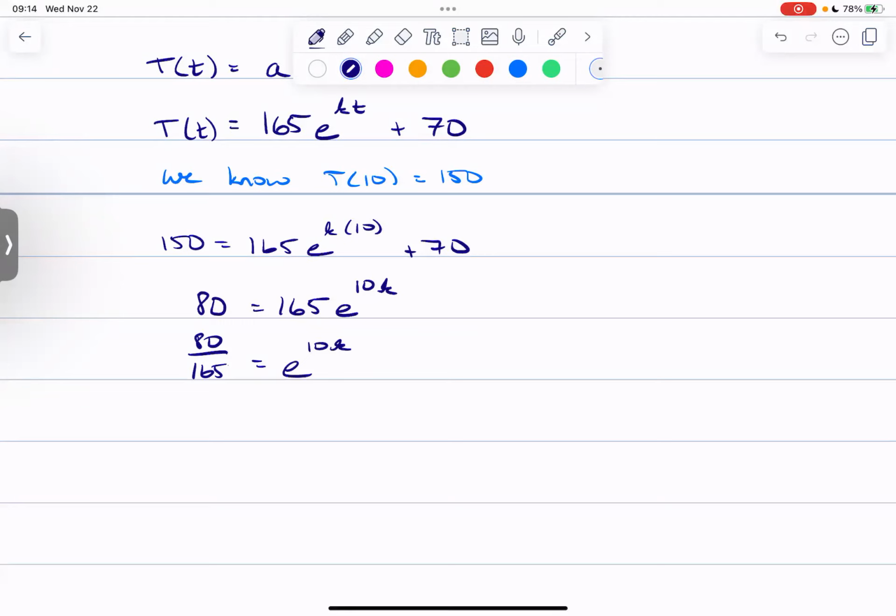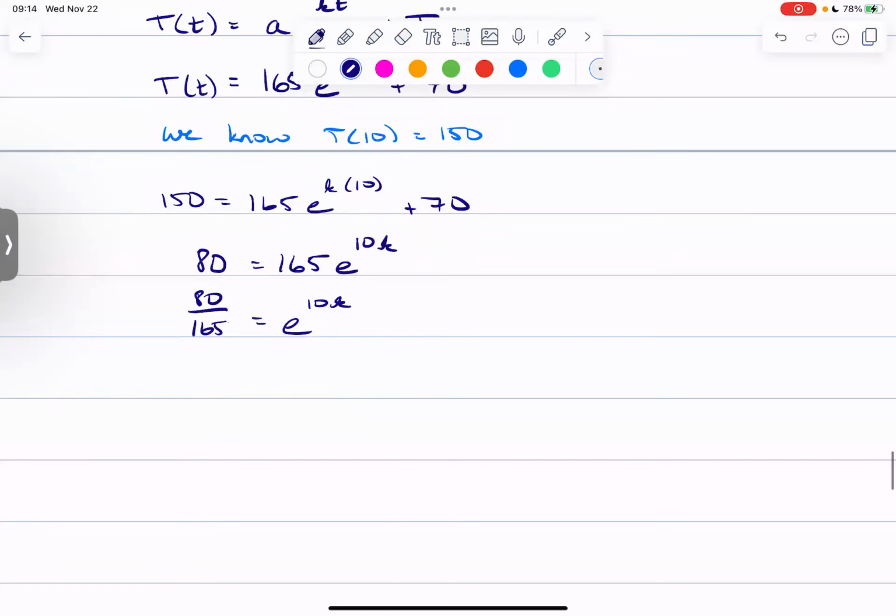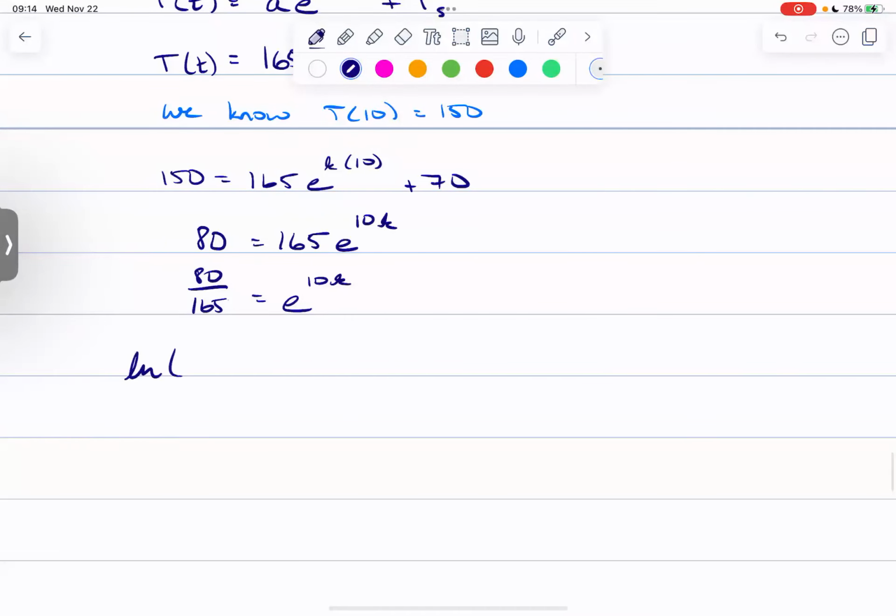Now I can take the log, and I'm going to choose the natural log, of 80 over 165 is 10K, which means that K is the natural log of 80 over 165 divided by 10.